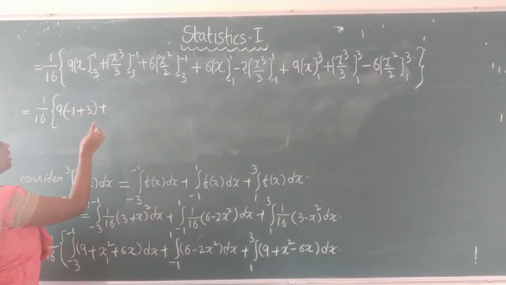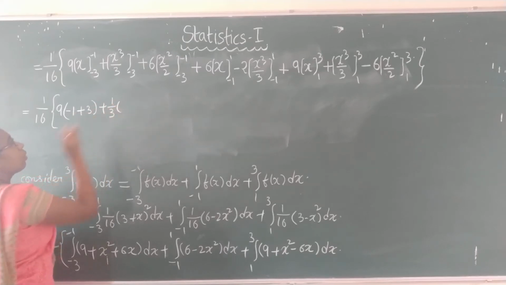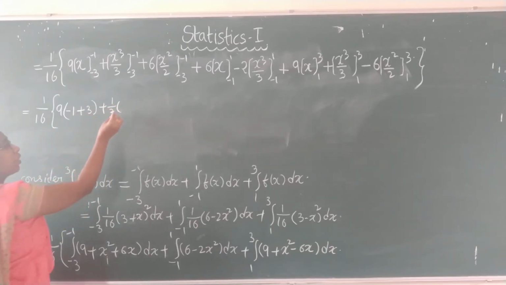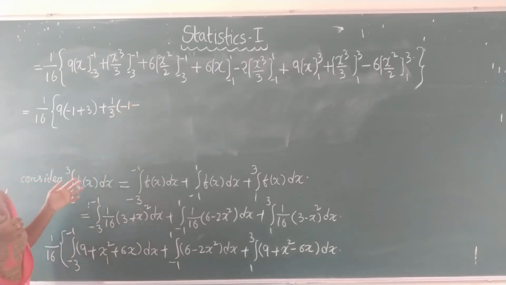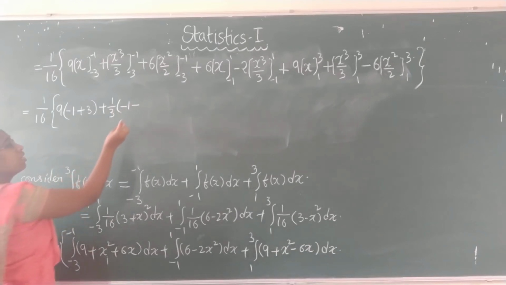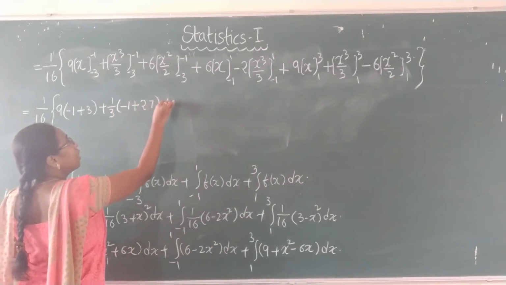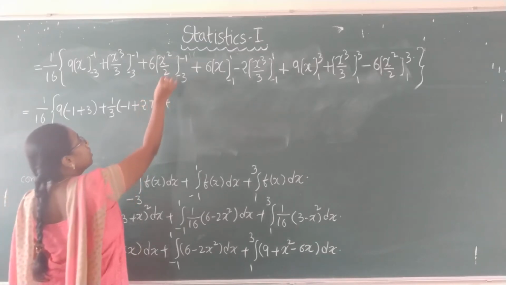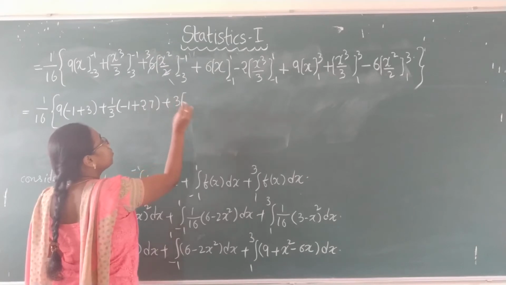Next is 1 by 3, you write constant. Now apply the limits. Minus 1 cube is minus 1. Next minus 3 cube is minus 27. So minus into minus plus 27, plus 6 by 2.